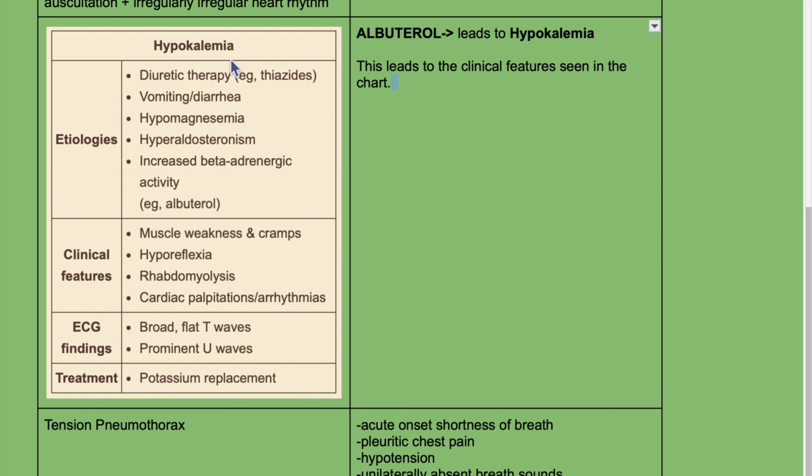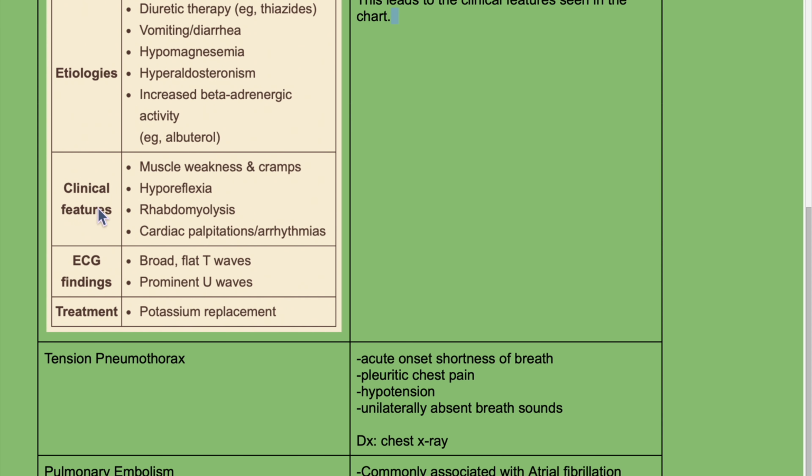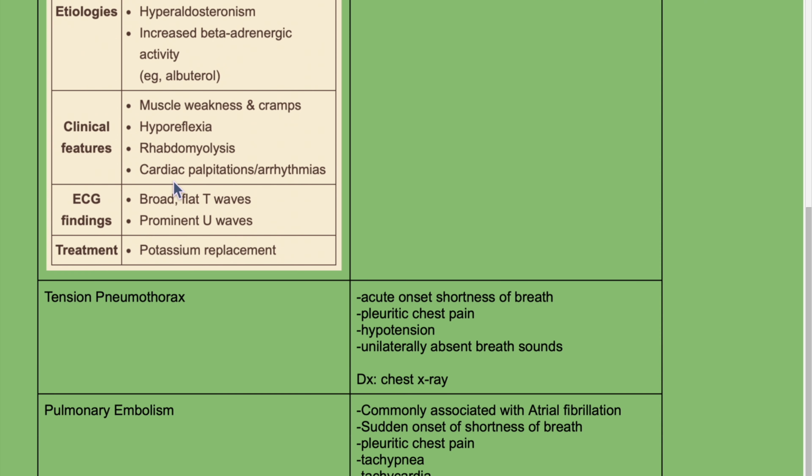Okay. All right. So etiology for hypokalemia: diuretic thiazide, vomiting, diarrhea, hypomagnesemia, hyperaldosteronism, increased beta adrenergic activity, for example, albuterol. Clinical features: muscle weakness and cramps, hyperreflexia, rhabdomyolysis, cardiac palpitations and or arrhythmias.